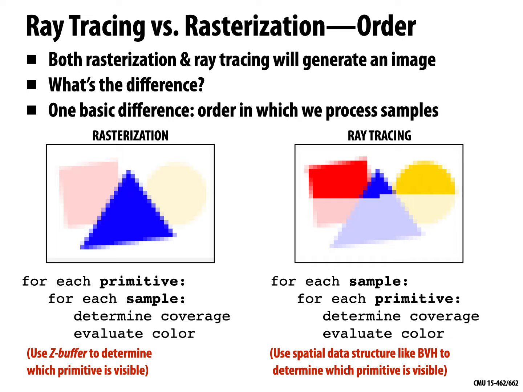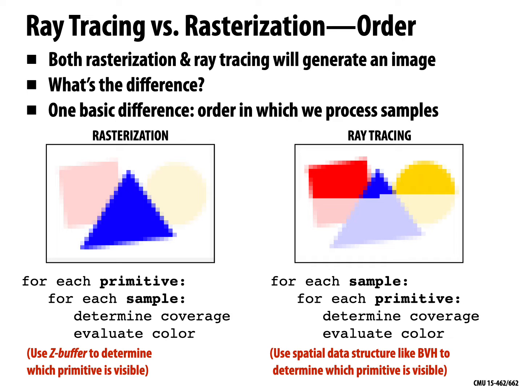Well, from an algorithmic point of view, one basic difference is the order in which we do our computation, the order in which we process samples. So you'll remember that in rasterization, the high-level structure of the algorithm is to loop over all the primitives, maybe all the triangles in a mesh. For each primitive, we figure out which samples it touches, which pixels on the screen, for instance.